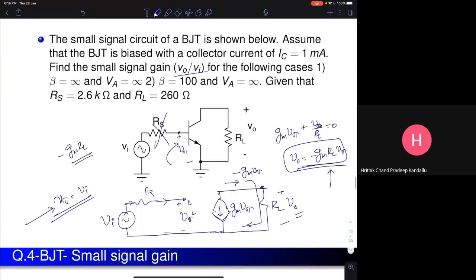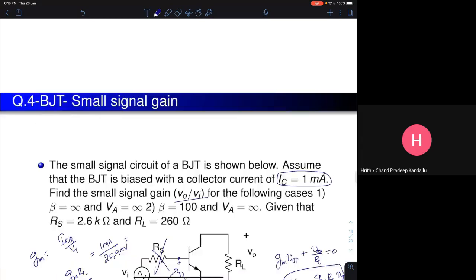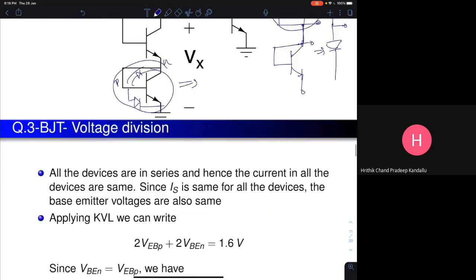The question is given IC is 1 milliampere. So your GM is ICQ upon VT, the thermal voltage. So that is 1 milliampere upon 25.9 millivolt at 300 Kelvin. So this value comes to around, I think, 26.7 milliampere per volt.